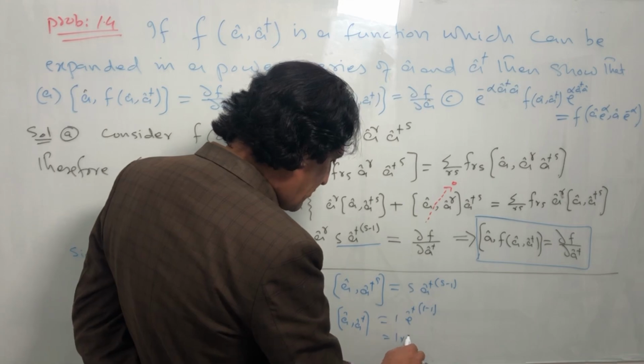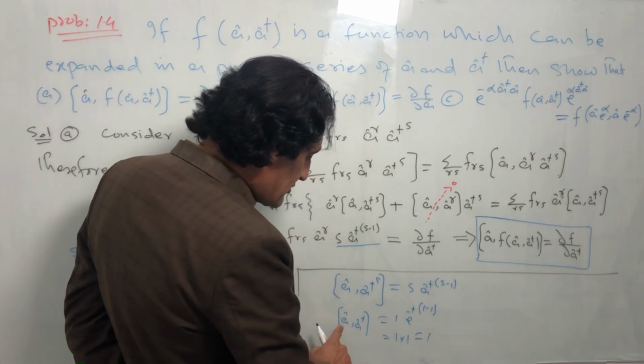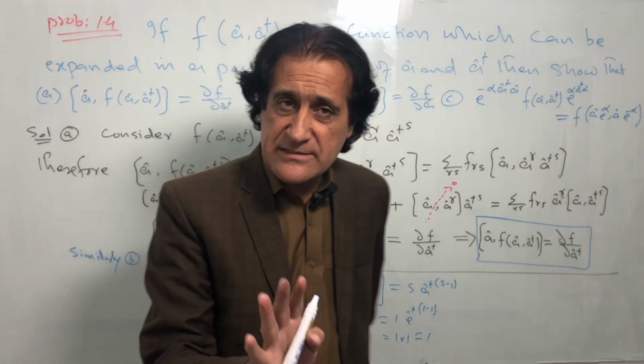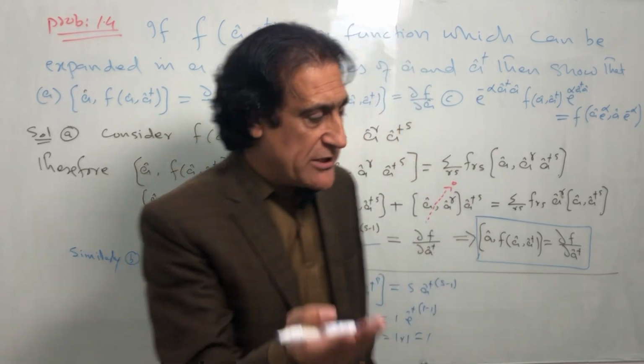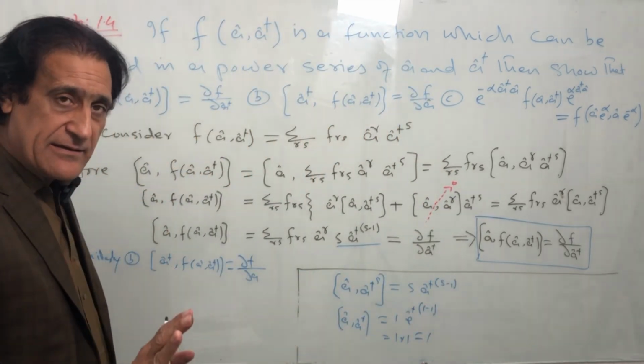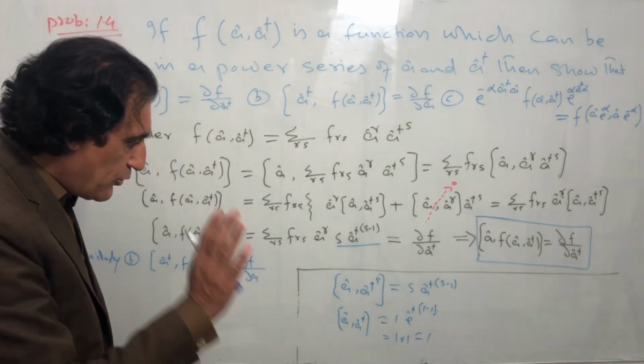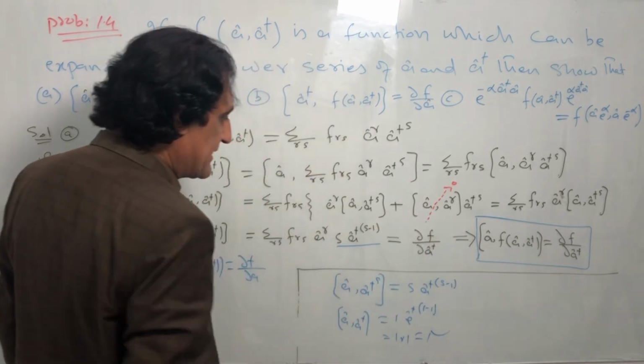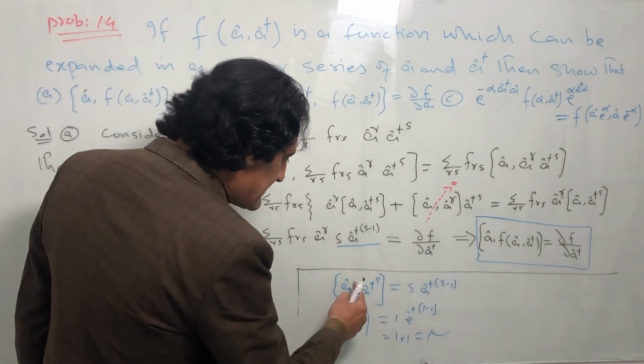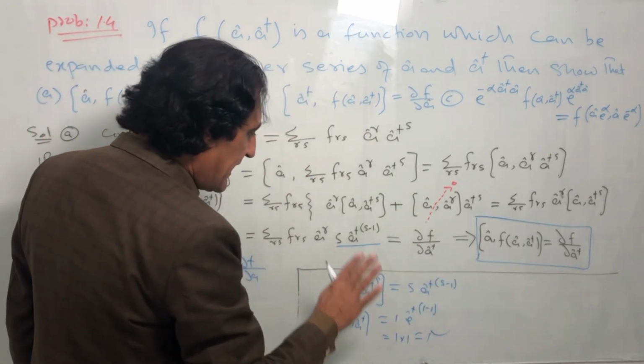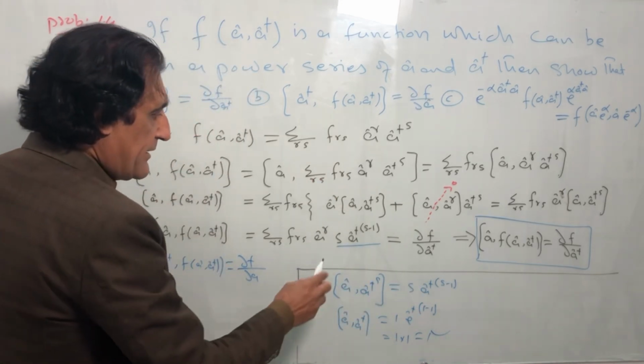So 1 into 1 is equal to 1. So the commutation of a and a dagger is always equal to 1, and we have proved this already. So this expression is true.